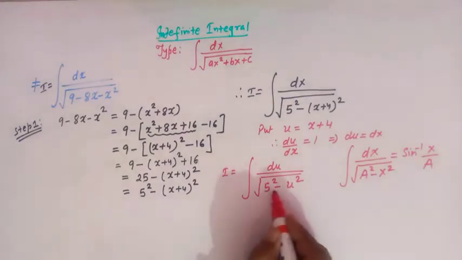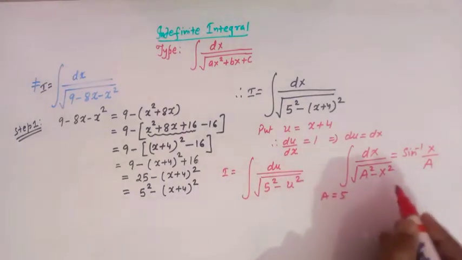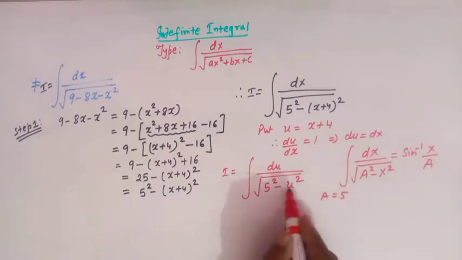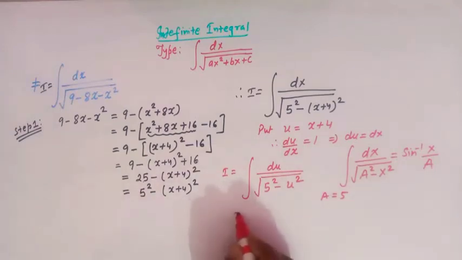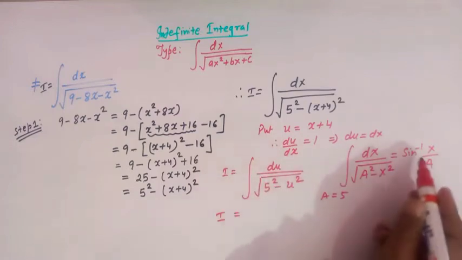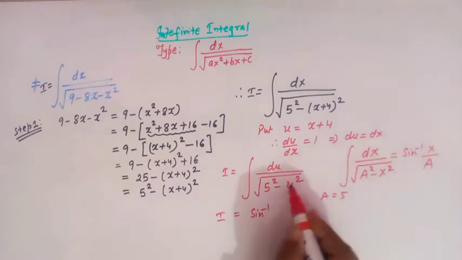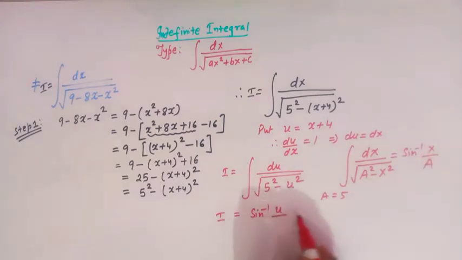Here the value of a is 5, and for x we have u. So now the integral of this function is given by sine inverse x, where for x we have u, and for a we have 5. And c is the constant of integration.